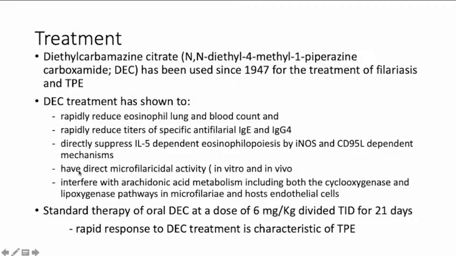It's able to directly suppress interleukin-5 dependent eosinophilopoiesis by the inert nitrous oxide and through this other mechanism. So it's basically able to suppress production of eosinophils.